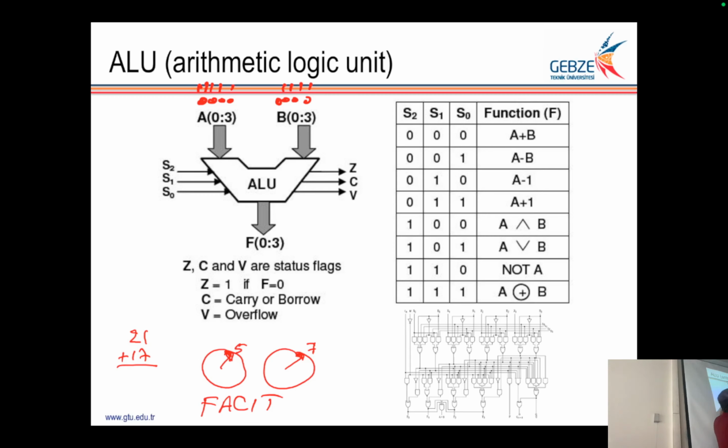And there are control signals like add, subtract, rotate, add by 1, etc. So these are control signals that control the behavior of this machine, the wires. If I say 0, 1, 0 from here, it subtracts by 1. If I say 0, 1, 1 from here, the result will be plus 1.